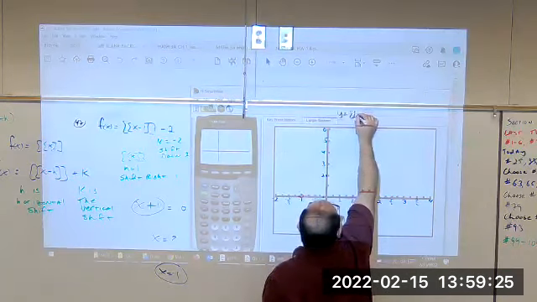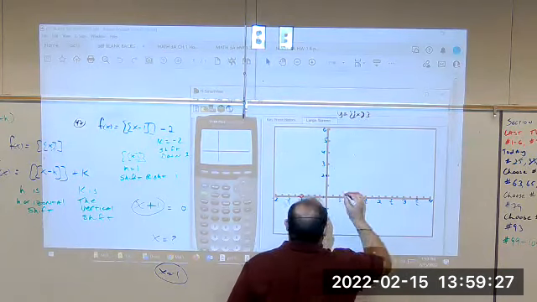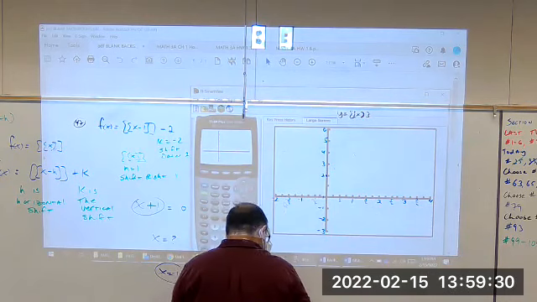Here's the parent function, the step of x. So the parent function would look like this. I'm going to do it very lightly.